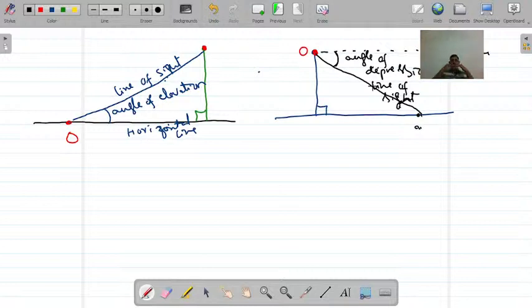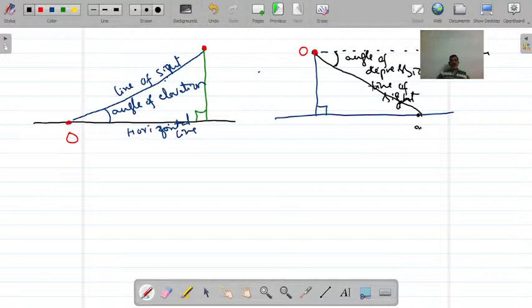Normally I look like this. If I have to look at an object at a certain height, I have to raise my view like this. This is the angle of elevation. On the other hand, this is straight, and if I have to look at an object on the ground, then I have to look like this. So this is the angle of depression. So this is the horizontal line, angle of elevation, angle of depression. This is the way in which we understand the things.